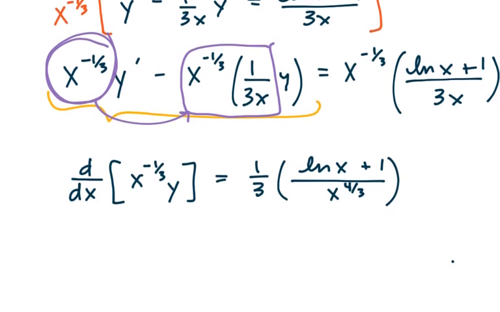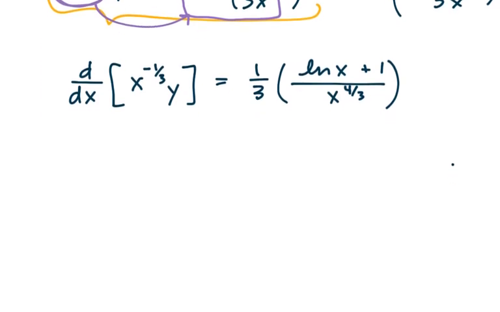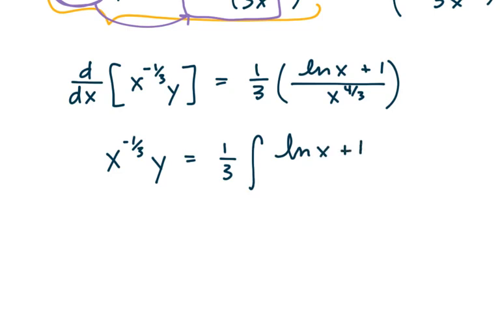All right. So at this point, we're going to integrate both sides, which gives me that x to the negative 1/3 y equals 1/3 the integral of the natural log of x plus 1 over x to the 4/3 dx.